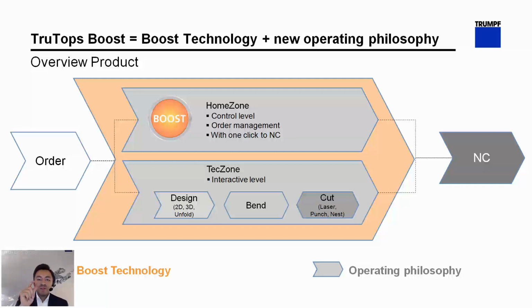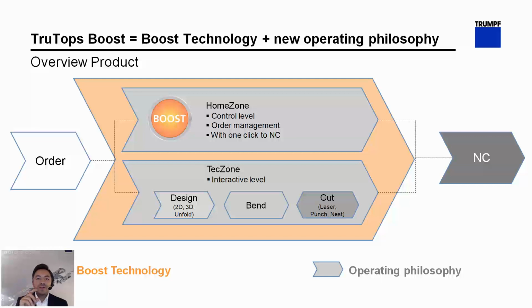The first level is called Home Zone. It's our central control level where we manage all our orders, all our machines and material. And by clicking on the Boost button, we get with one click to our in-C code.